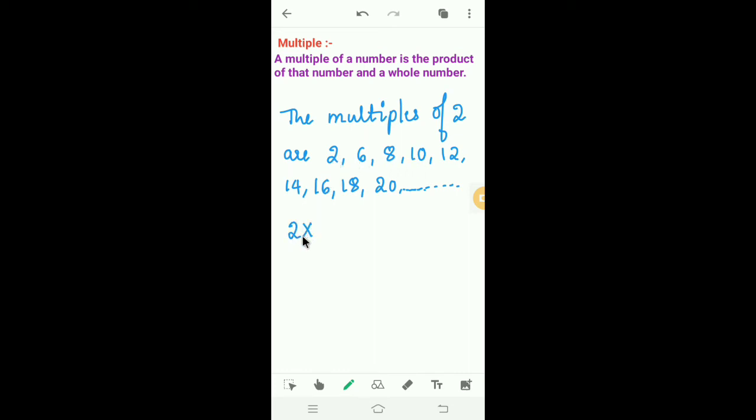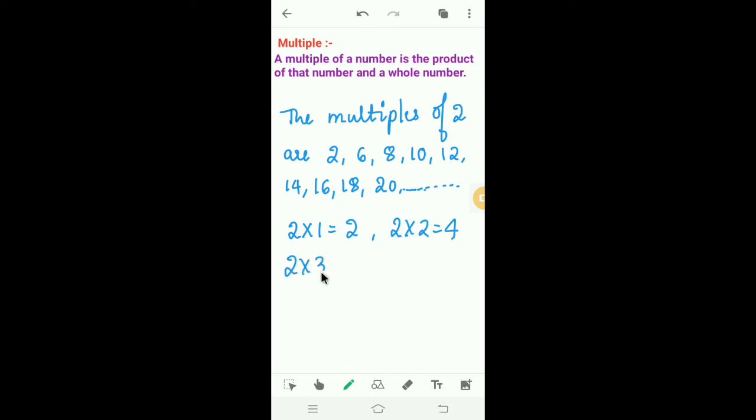2 into 1 is equal to 2. Here 2 is a product. So what is the definition? A multiple of a number is the product of that number and a whole number. So here 2 is a multiple of 2 and 1. 2 2s are 4. So 4 is a multiple of 2 and 2.